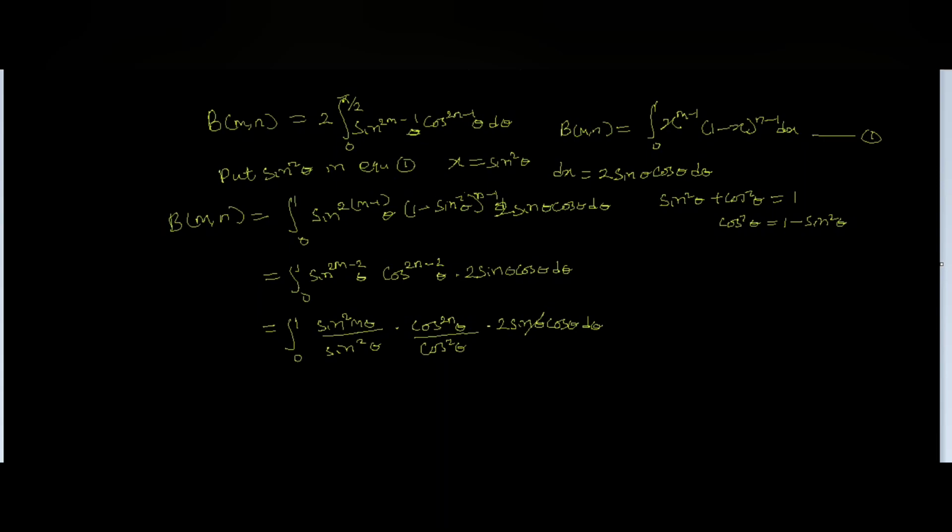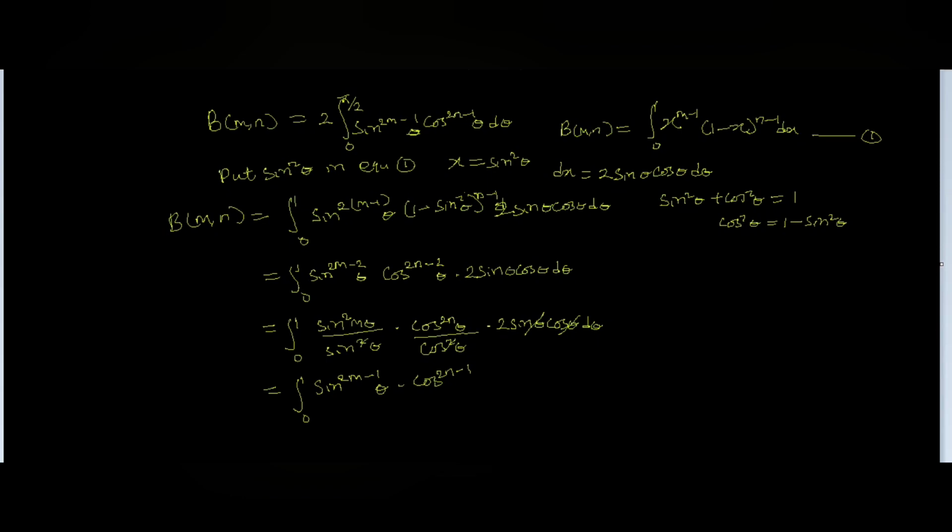So this sine will cancel one of the sines here, and this cos will cancel one of the cos here. So what you'll be having remaining will be the integral from 0 to 1 of sine to the power of 2m minus 1 theta, because you have just one sine here, these two having cancelled. Then it's multiplying cos to the power of 2n minus 1 theta, since you also have just one cos here.